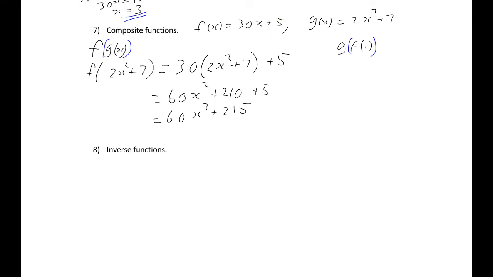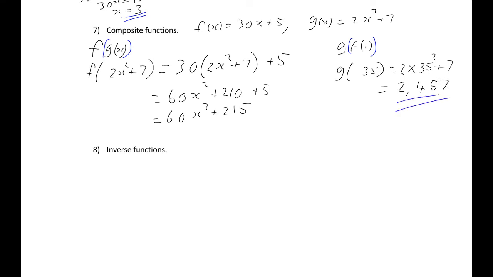So f of 1 is 35, so now we get g of 35. Right, that's not a particularly nice question now. So that equals 2 times 35 squared plus 7. This is definitely a calculator problem. And that equals, when you plug it through a calculator, 2,457.